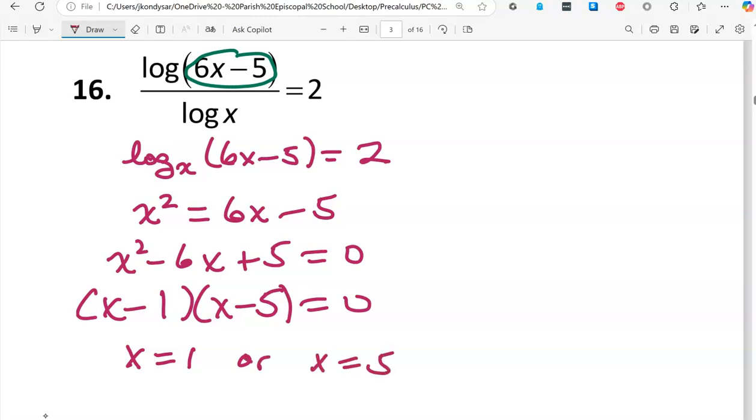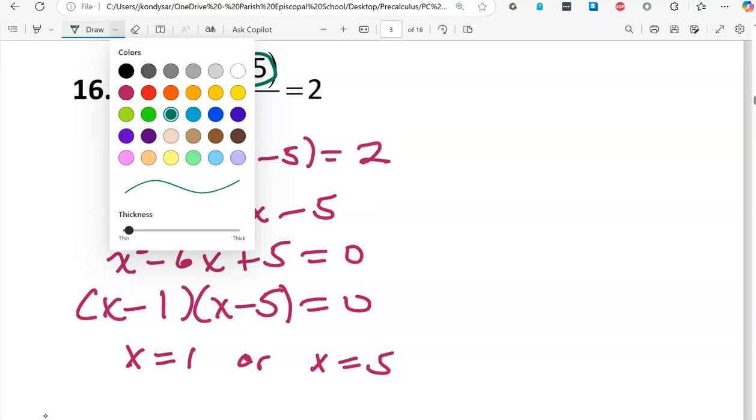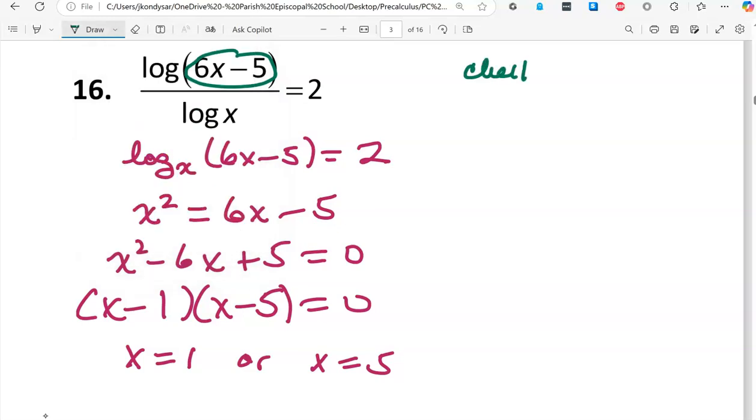Now we can go back and we can check each of these solutions. So checking here, for x equals 1, we're going to get the log of 6 times 1 minus 5, that's the log of 1, divided by the log of 1 is equal to 2.